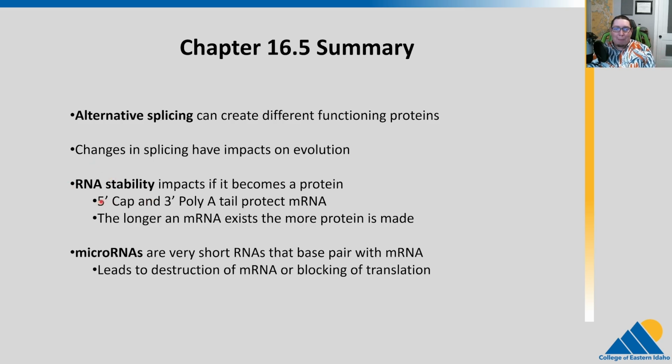So the 5' cap and the 3' poly A tail protect mRNAs. And the longer an mRNA exists, the more protein is going to be made from it. MicroRNAs, on the other hand, are very short RNAs that base pair with mRNA and lead to the destruction of mRNA, or they could block translation of that mRNA. Okay, we're going to keep moving down to the protein level next.